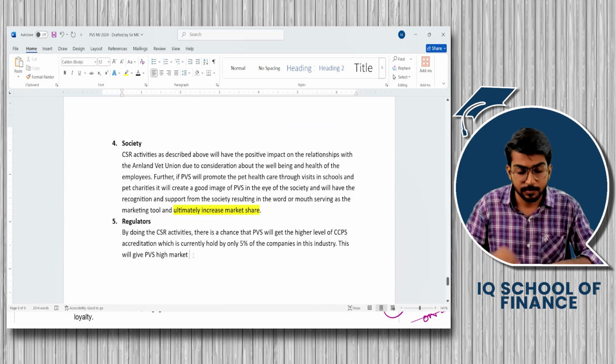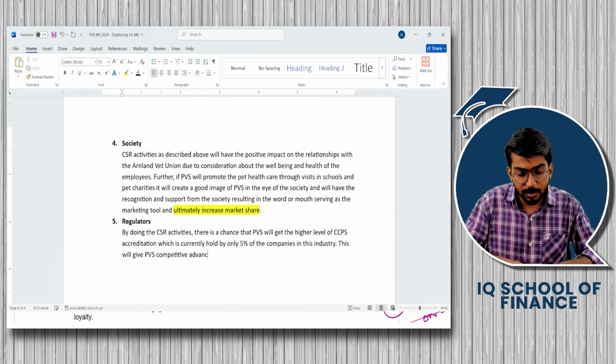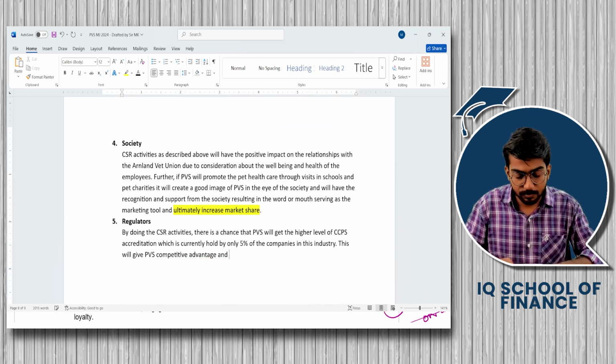Regulator also will give high competitive advantage and an increase in the reputation of the PVS, which will result in the.